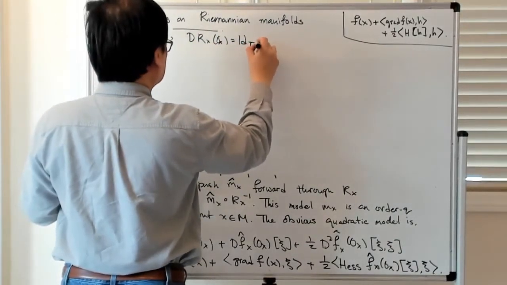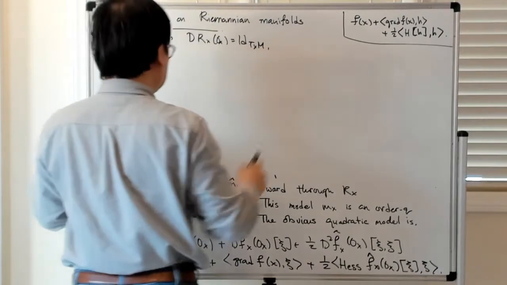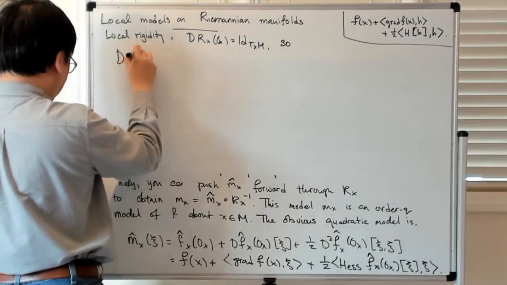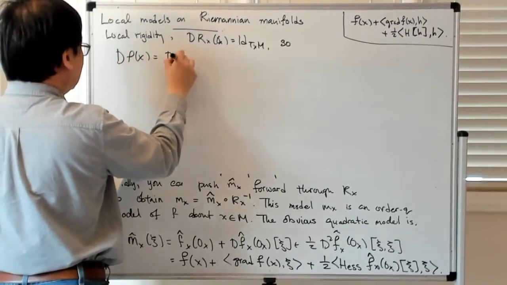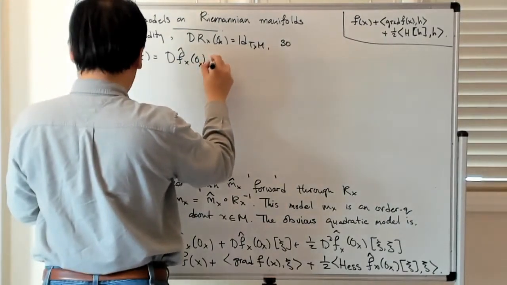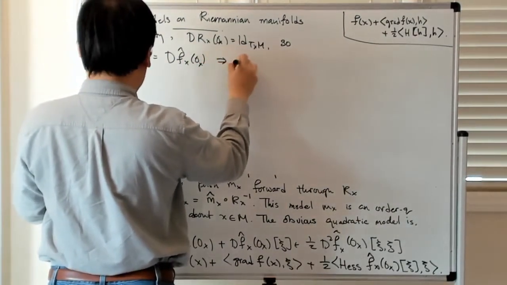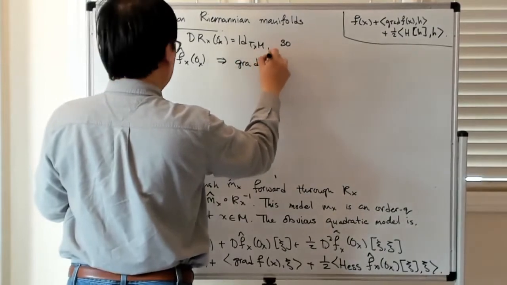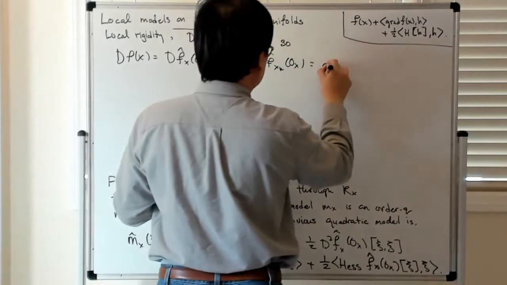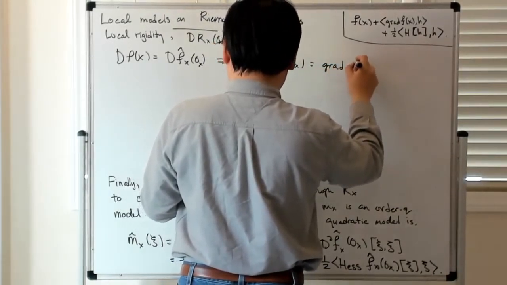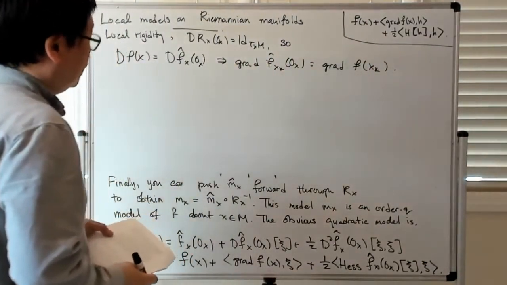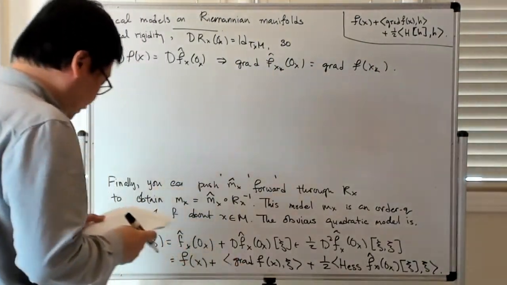So what happens is that the differential of f at x is the differential of f hat at x at 0x, and this implies that the gradient of f hat at xk of 0x is equal to the gradient of f at xk. All right, so that allows you to have this expression.